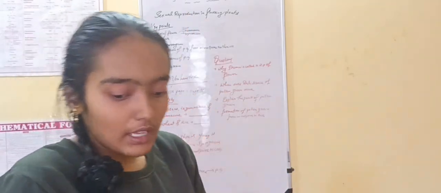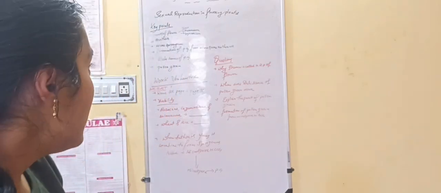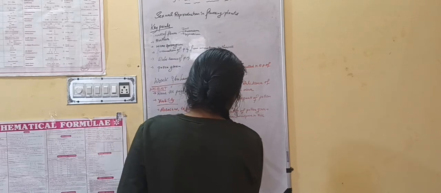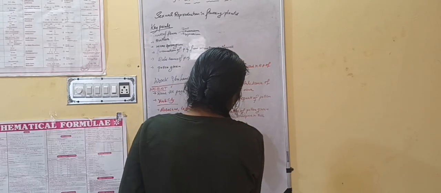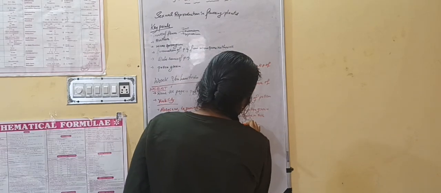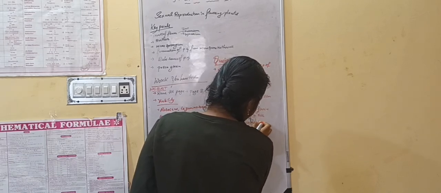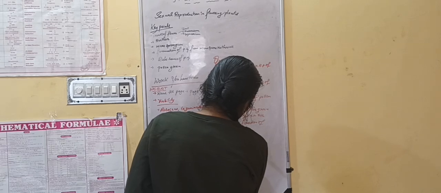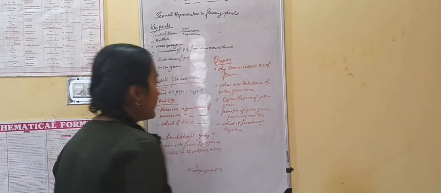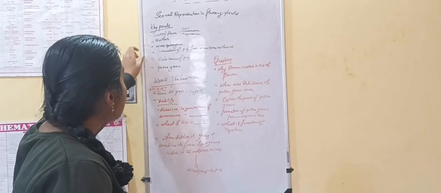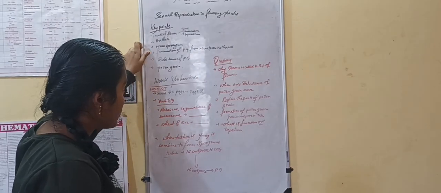Tapetum is important, so I will give you a question now. What is the function of tapetum? Answer this. And also the formation of the pollen grain from the microspore mother cell.